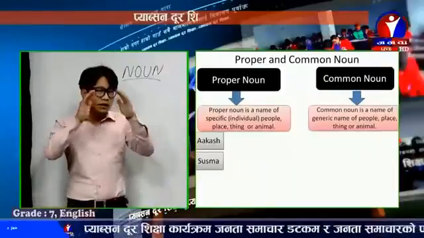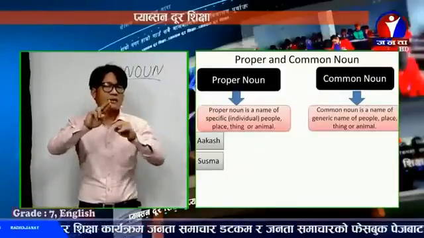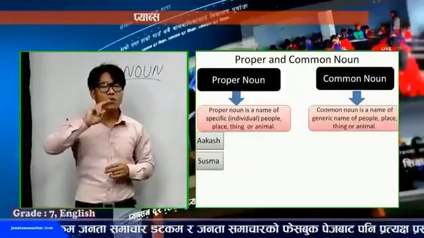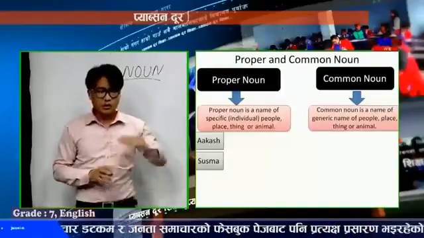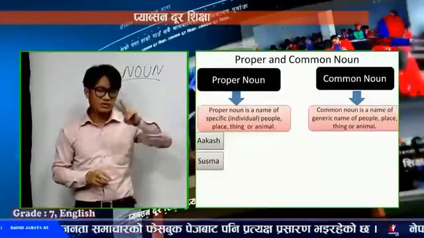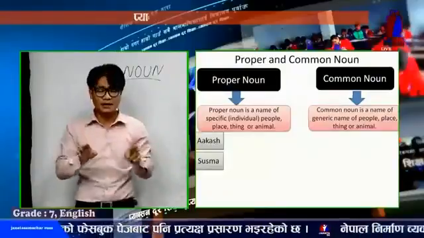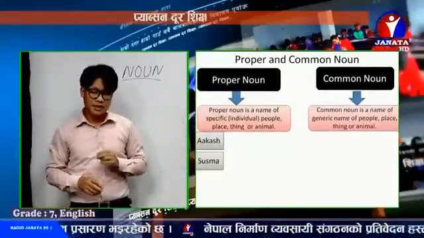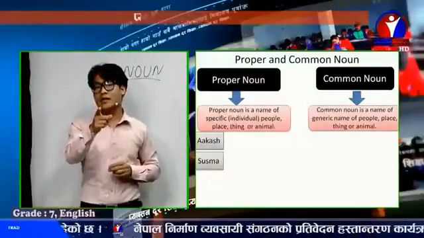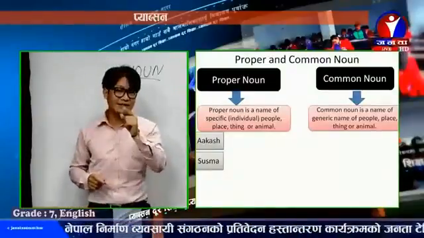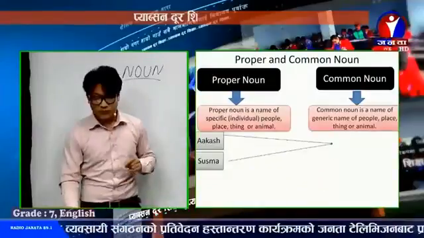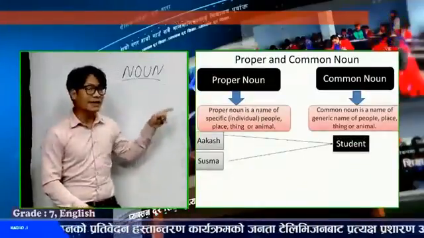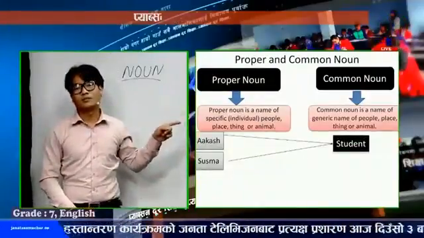So you can see what is different and what is common. Here the names are Akash and Susma. These two names are different. So Akash and Susma are proper nouns. And what is common here? You can guess. There is one common noun and that is student. So student is a common noun.